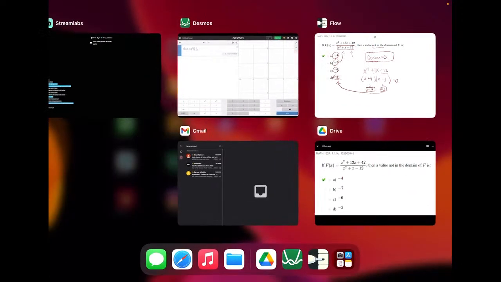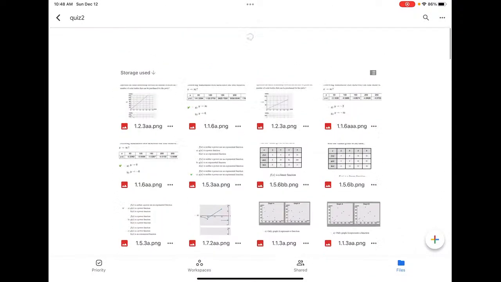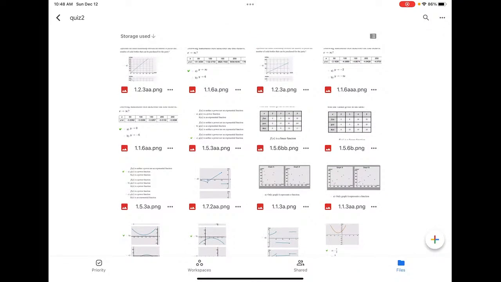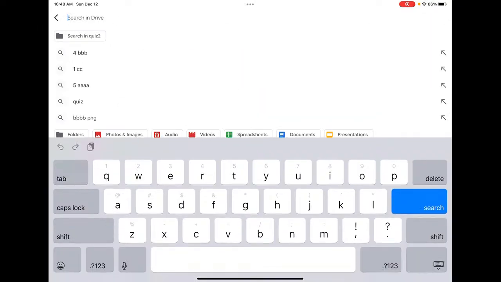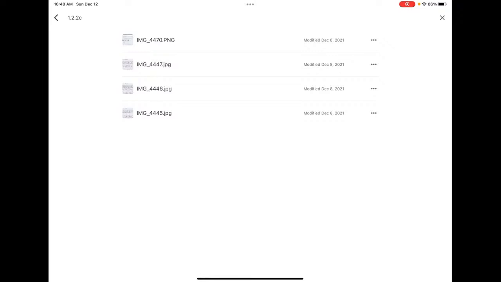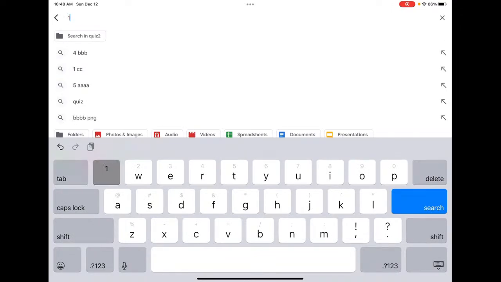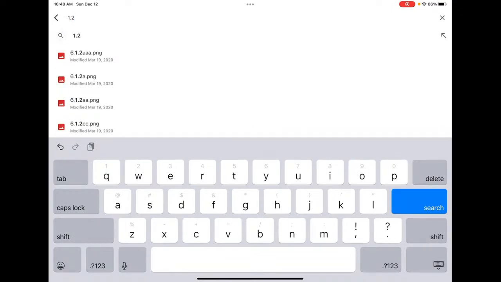All right, let's find a 1.22c. Are they in here? I don't know. Let's find it. I don't think I have any problems. I'm not sure. Unless I may just not have any, which would stink.